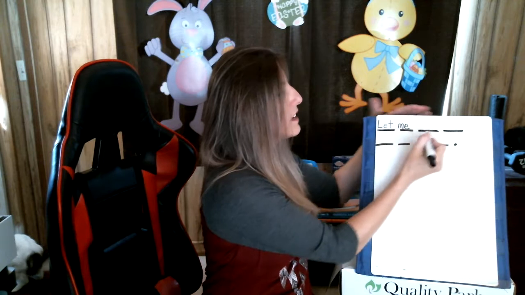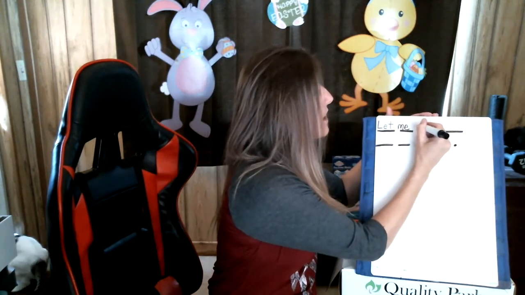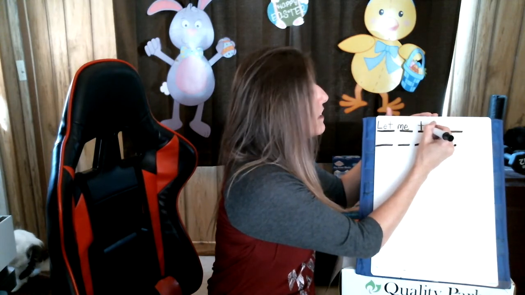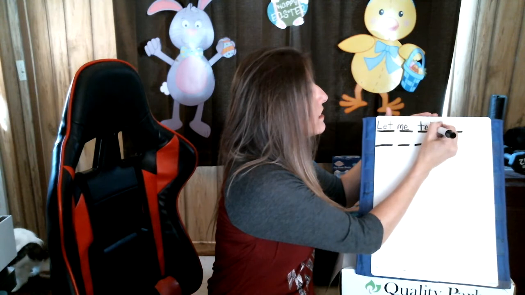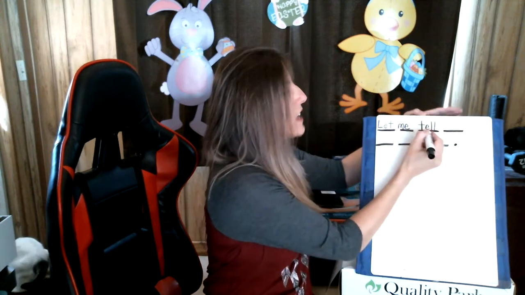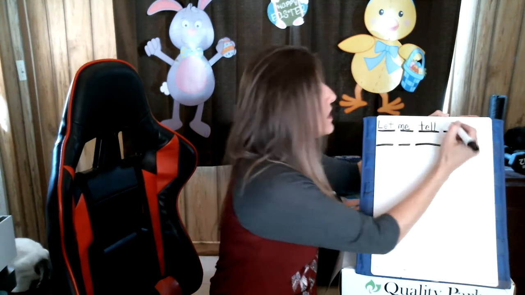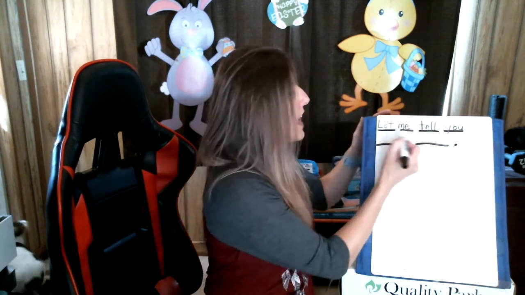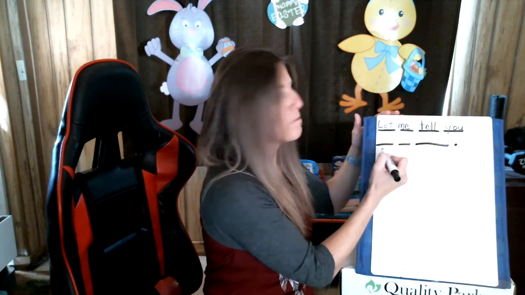Let me tell. I hear it and I spell it. Tell. Let me tell you. You. That's one of our words too, and you should be able to spell that. Let me tell you about.